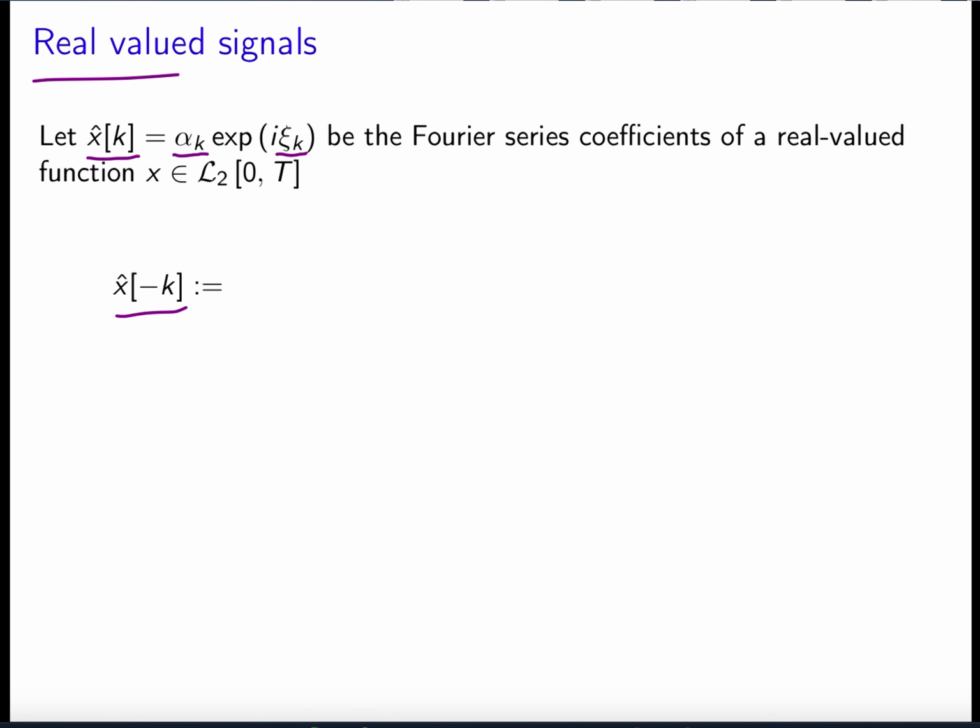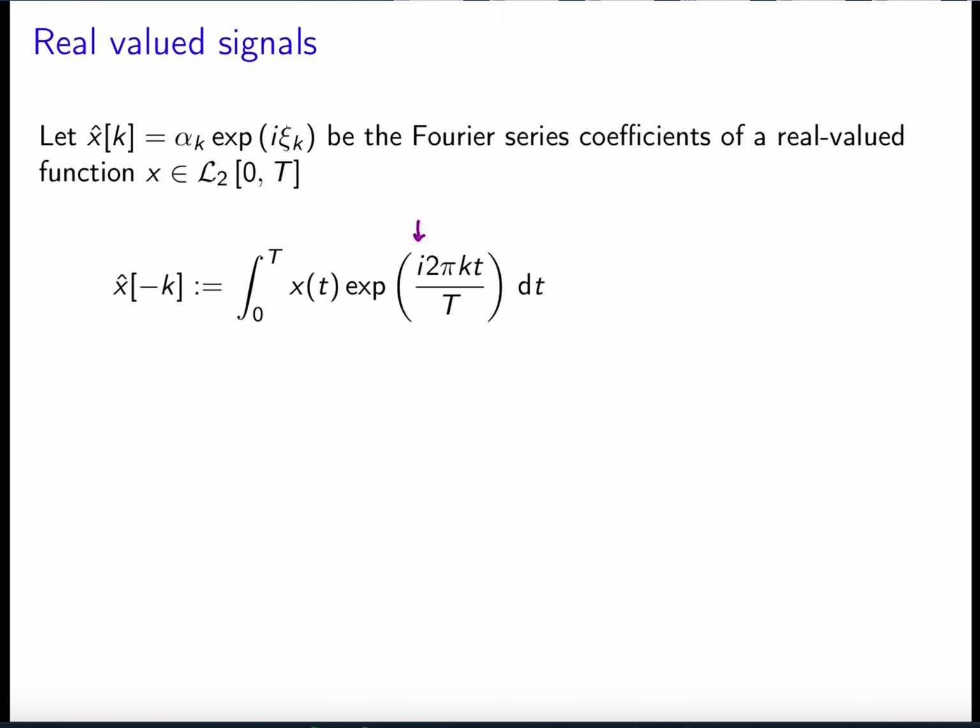Okay, so now let's see, if the coefficient corresponding to the kth frequency is equal to this, what is the coefficient corresponding to a frequency of minus k? By definition, it's equal to this. Notice that there's a plus here because we're taking an inner product with the complex exponential with frequency minus k over T, and we take the complex conjugate because it's the inner product.